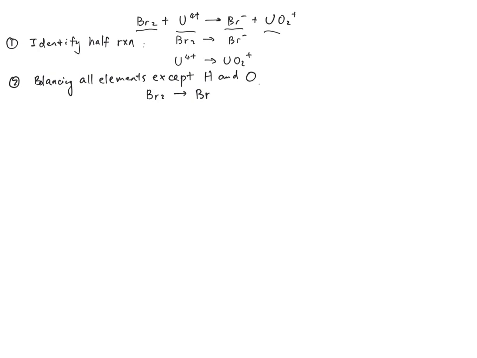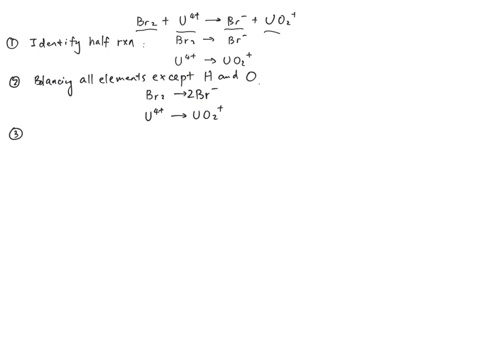Bromine obviously is in that category. Bromine molecule, Br2, turns into bromide ion. Each one bromine atom is turning into a bromide ion, so there's 2 bromide ions here. And the other one contains uranium, but on both sides you have 1 uranium. So that one is self-balanced. You don't need to really do anything.